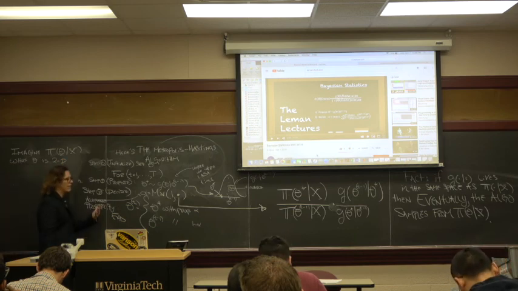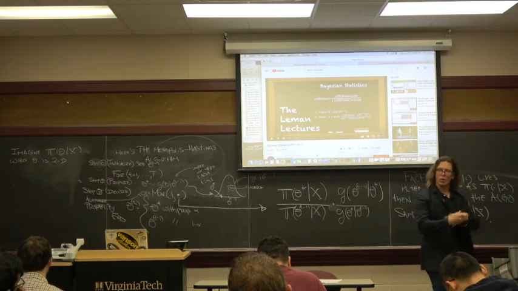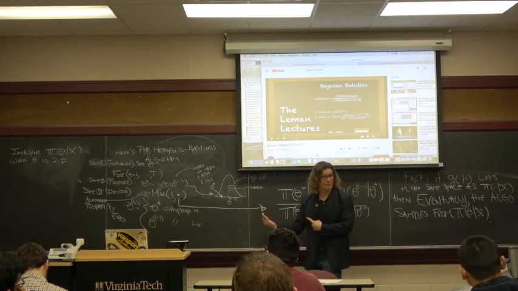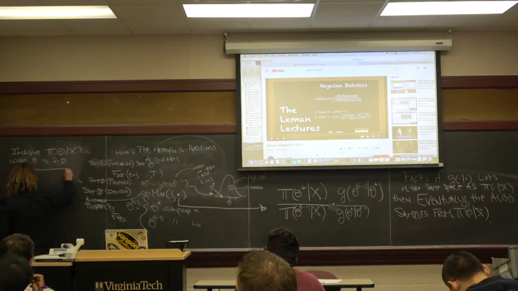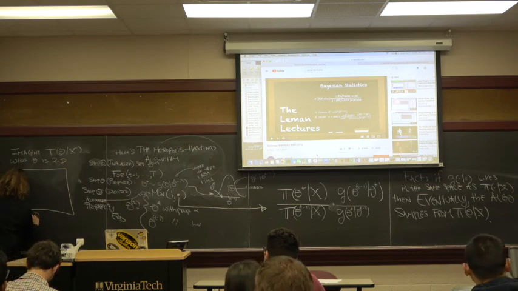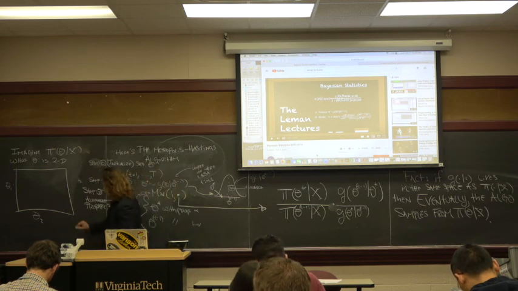So I've been drawing everything out as one-dimensional. Let me draw it out as two-dimensional so you get more of an idea of what's going on. I have more choices than just to move left and right. So imagine I've got some distribution. Here's theta 1, here's theta 2, so those are my two dimensions of theta. And what I'm going to do is start somewhere.